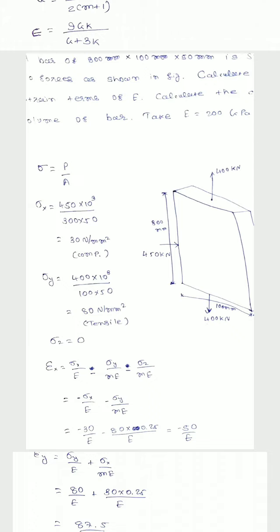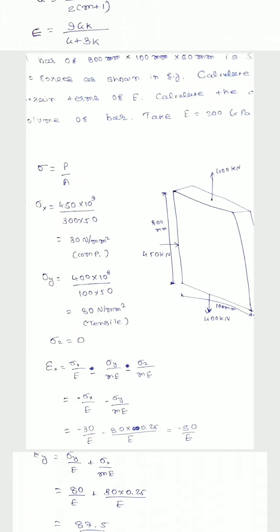Now we already know the equation if we use Poisson's ratio: epsilon x, or x direction strain, will be sigma x upon E minus sigma y upon mE minus sigma z upon mE. This is the equation if we use three-dimensional analysis for our object.